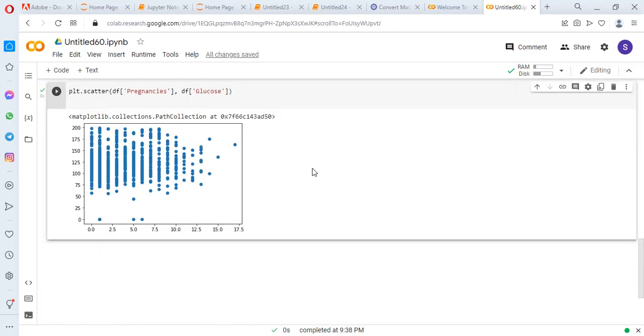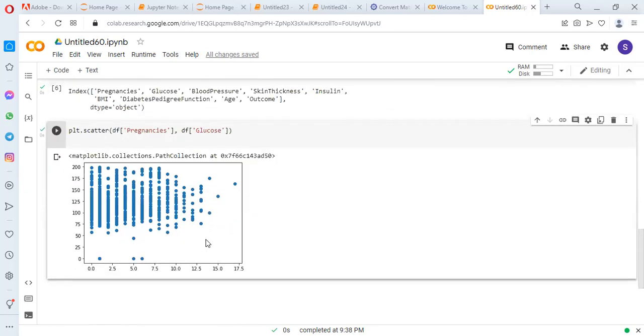Now, this is a scatter diagram of the two predictor variables.